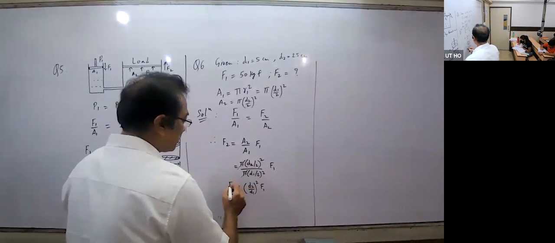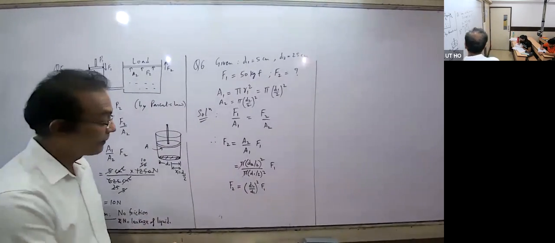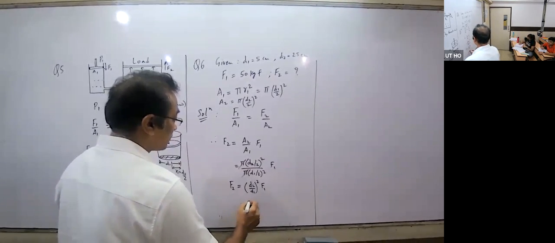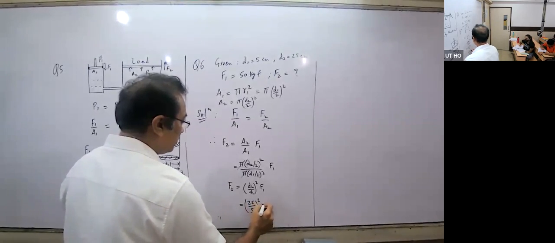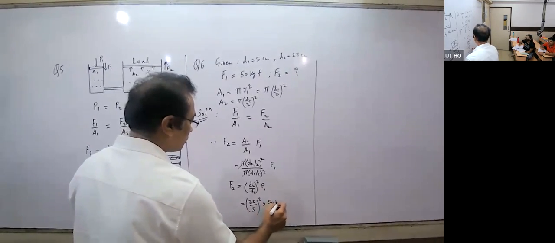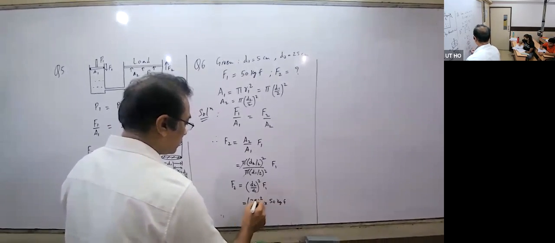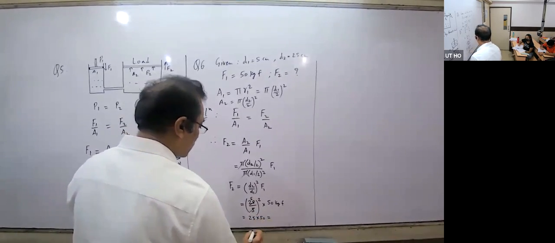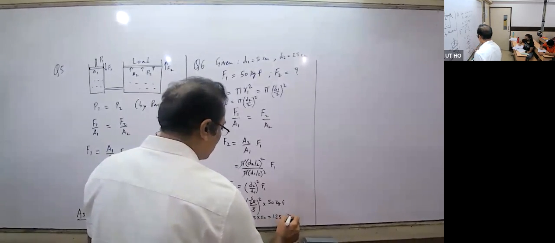These steps look lengthy to you, but that's because I'm explaining. So what is D2 now? 25 upon 5, whole square. I put the values in the end, and F1 is 50 kg. So this is 25 into 50, which is 1250 kg.